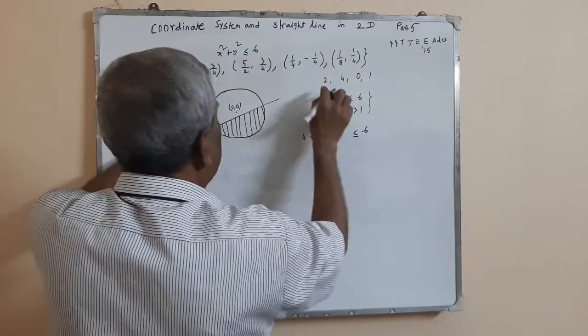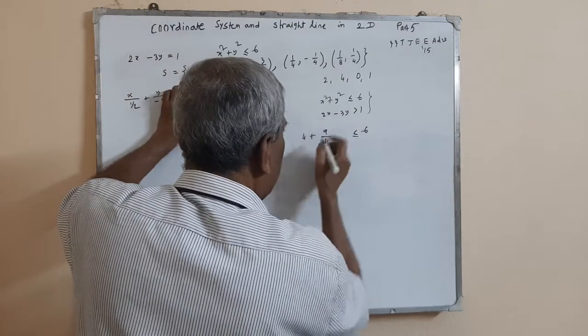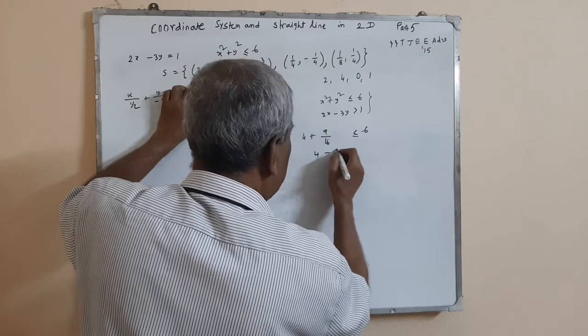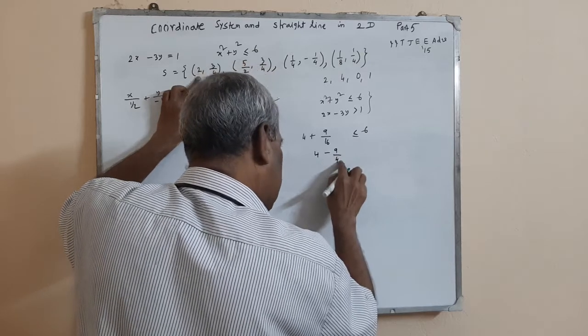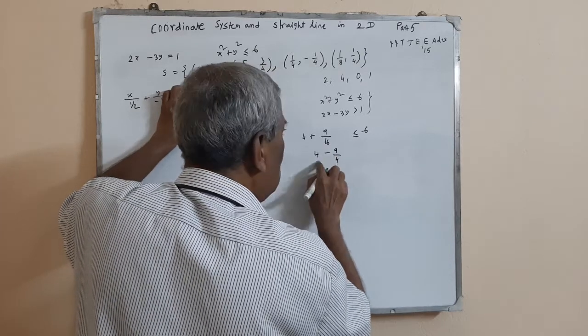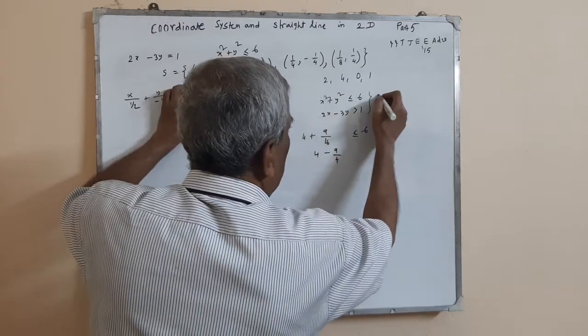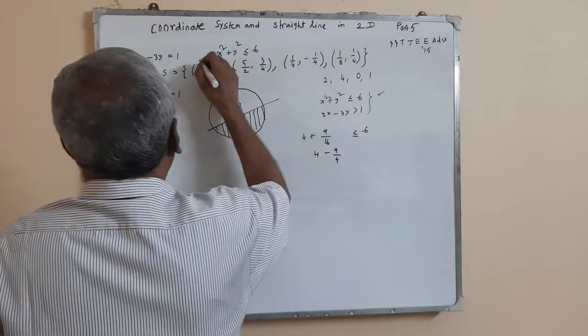So it satisfies that. This one, it is 4 minus 9 by 4. 9 by 4 is slightly greater than 2, so it is obviously greater than 1. So this point satisfies both conditions. So we get 1, this one.